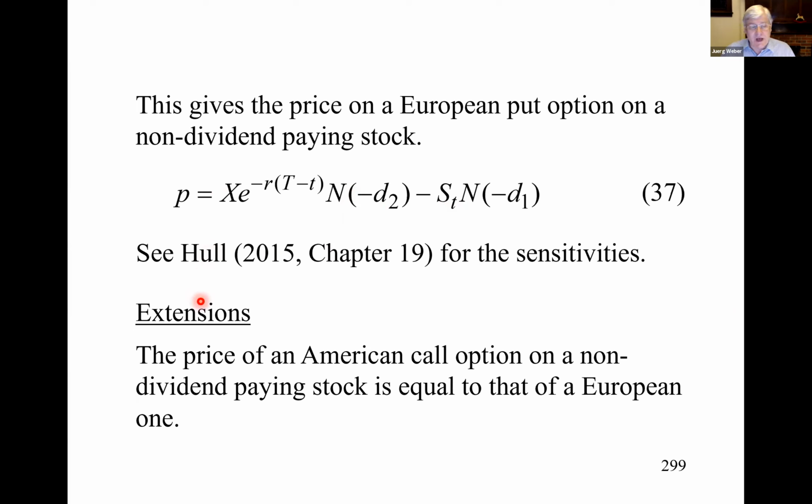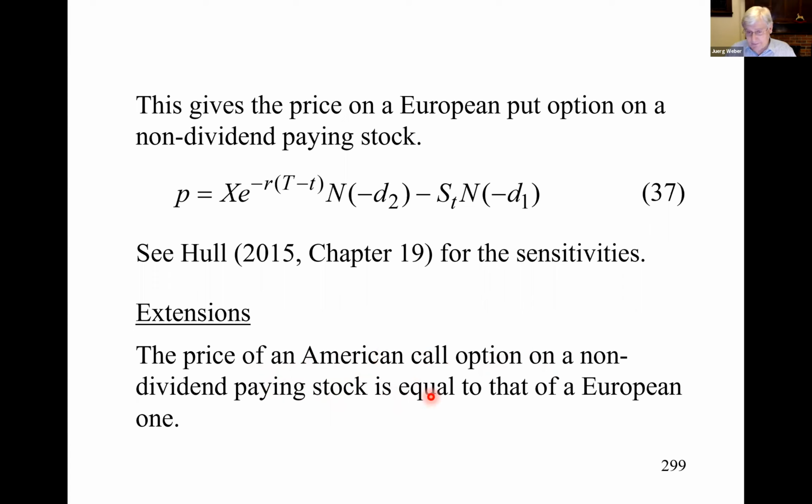Now, up to here we did the European call option. Remember, the European call option can only be exercised at the end, at the expiry date. The American call option can also be exercised before the expiry date. And it turns out that the price of an American call option on a non-dividend paying stock is equal to that of a European one.